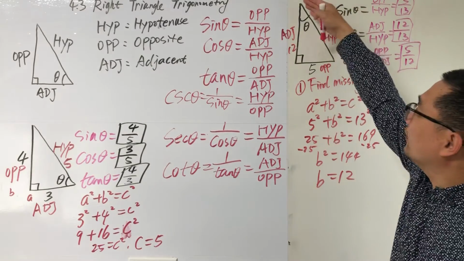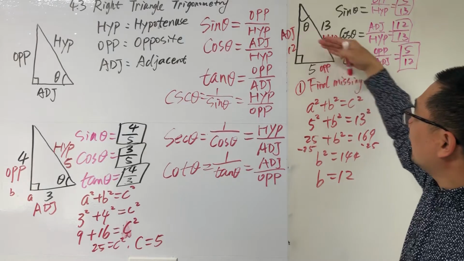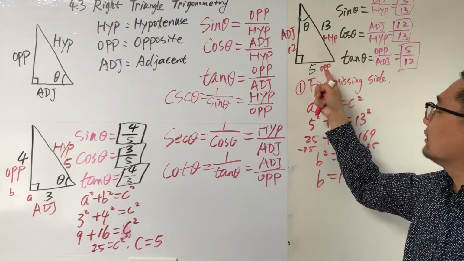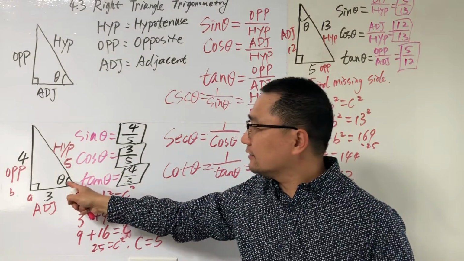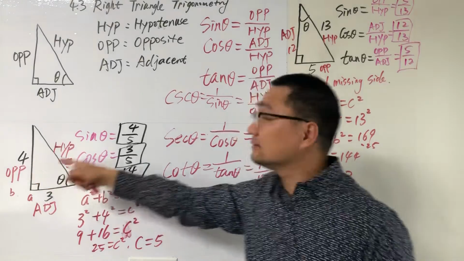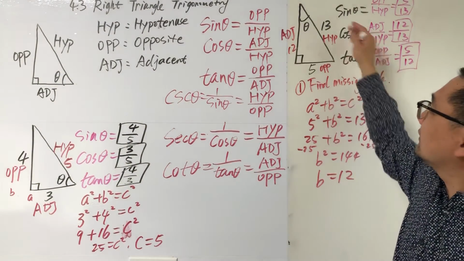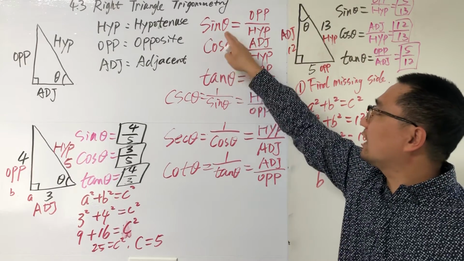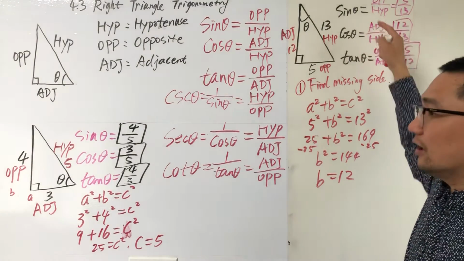The hypotenuse is always the longest side of the right triangle. So adjacent and opposite are based on the angle. If the angle is here, the theta here, the opposite side is this side, right? If the angle is here, the opposite is this side. So the other side is adjacent. So after you find all these three sides, then use the definitions of sine, cosine, tangent to find out the value of the trig function.